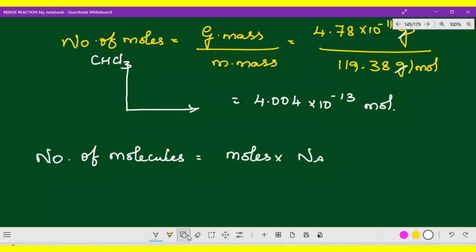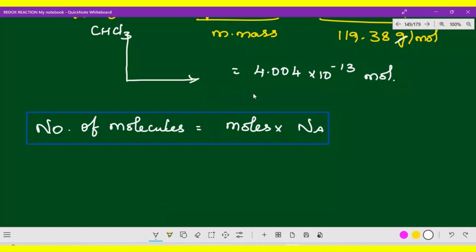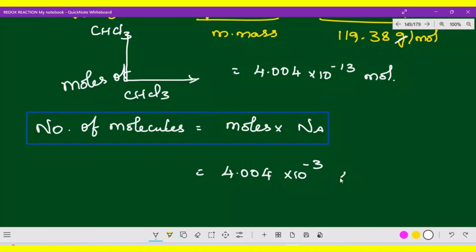Please note down, whenever they are asking this kind of question: number of molecules equals moles into Avogadro number. Moles we just found, this is moles of CHCl3, chloroform. So 4.004 into 10 to the power of minus 13 into Avogadro number 6.023 into 10 to the power of 23.